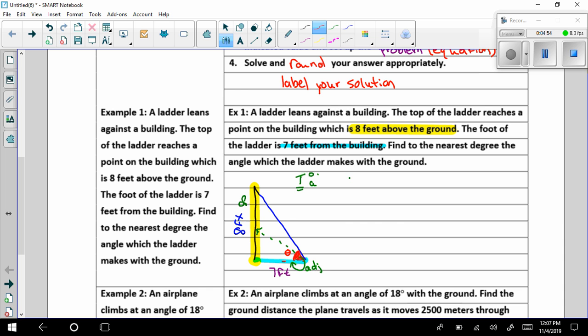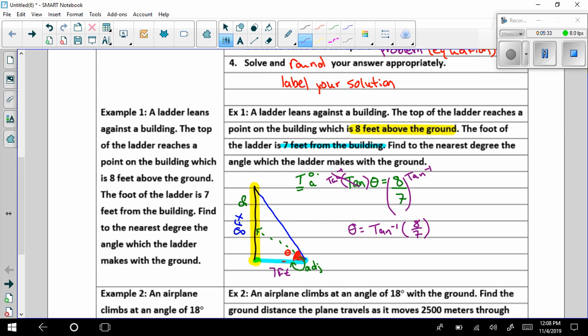So I can write my equation, tangent of theta is equal to the opposite, which is 8, over the adjacent, which is 7. Remember, to solve for this, we're then going to take the inverse tangent of both sides so that those cancel, and we have theta is equal to the inverse tangent of 8 over 7.